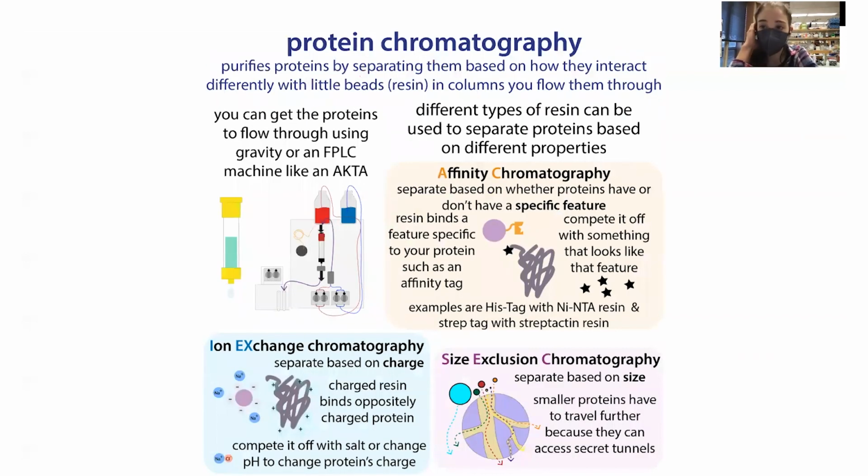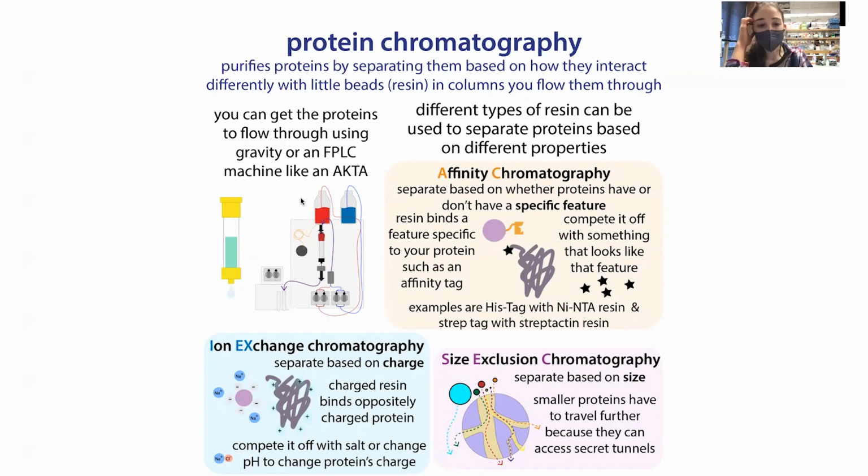The way we purify proteins is usually with protein chromatography. Basically we have columns filled with resin, these little beads. This can be in a gravity flow format or in an FPLC, like an ÄKTA machine. These resins can have different properties, which will affect how they interact with the proteins.